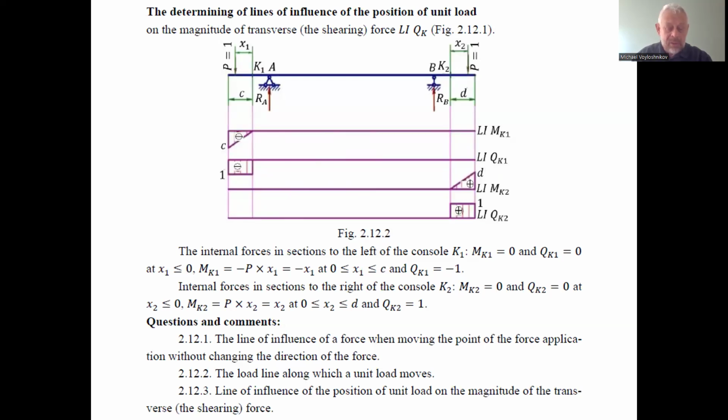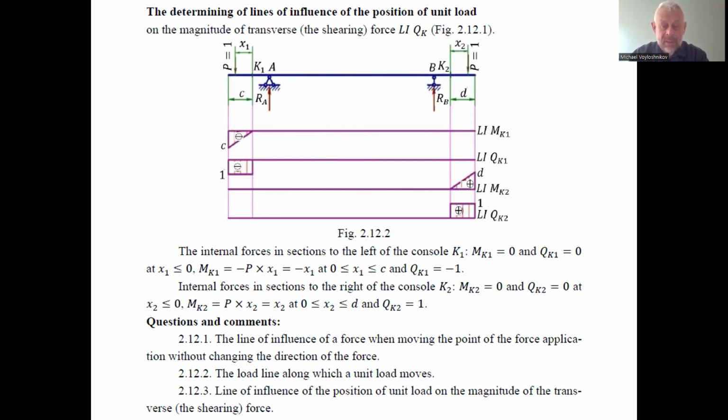The next question is the load line along which a unit load moves. To determine the line of influence of the moving load on the factors in the beam, we consider a unit load moving along the load line.